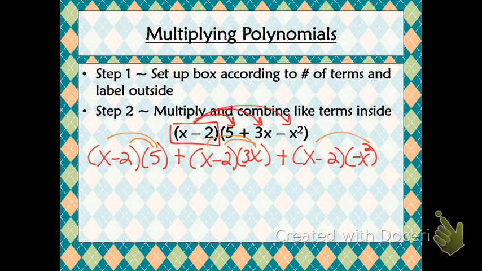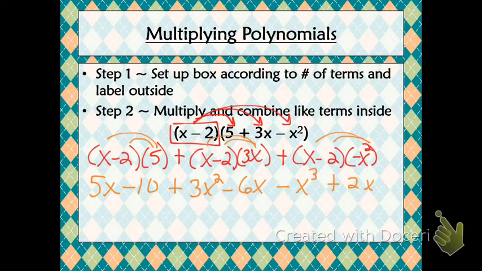again, and I'll get 5x minus 10 plus 3x squared minus 6x minus x cubed plus 2x squared. Now, if you still have your solution to your box method in front of you, you'll notice that the 6 terms that were inside the boxes are the same as these 6 terms here.